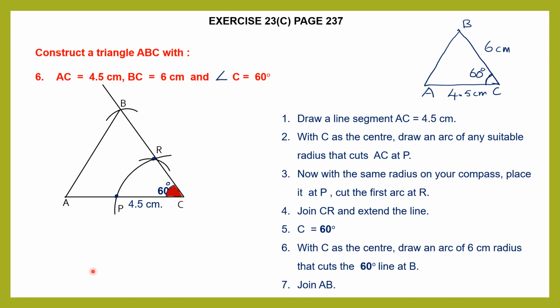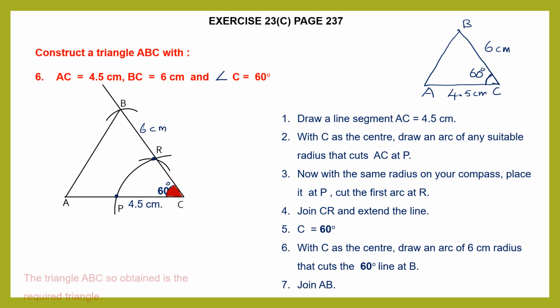We have AC 4.5 centimeters, same as the question. BC 6 centimeters. Yes, BC is 6 centimeters. So let's write that down. Then we have angle C is equal to 60 degrees. So we have answered all the parts of the question and it looks similar to our rough figure.